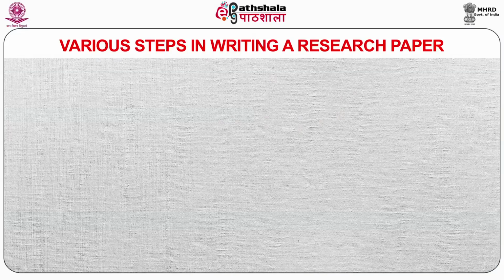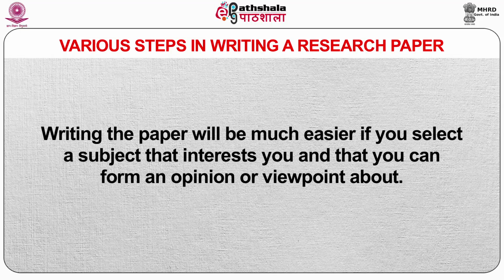There is a need to check in the library to make sure a reasonable amount of information is available on the subject the researcher chooses. Writing the paper will be much easier for a researcher if the subject is selected according to the interest of the researcher.